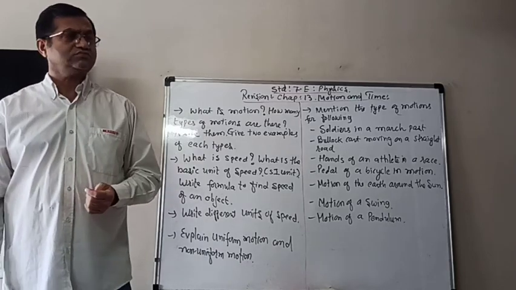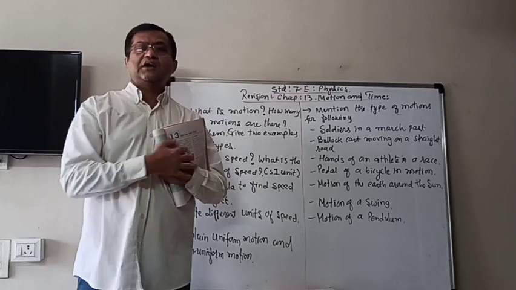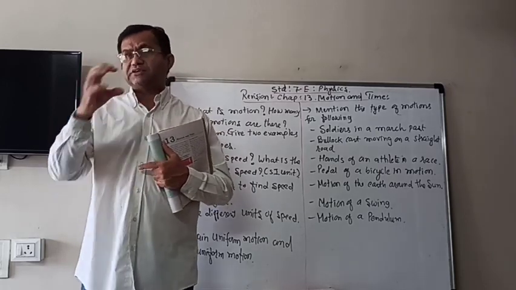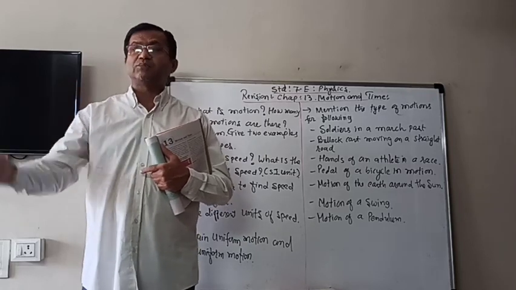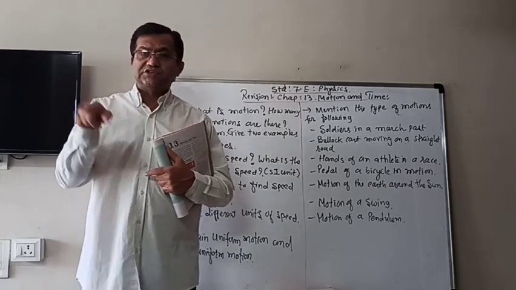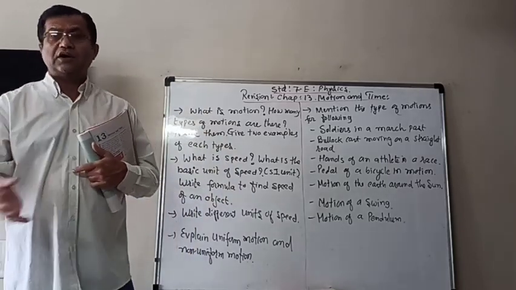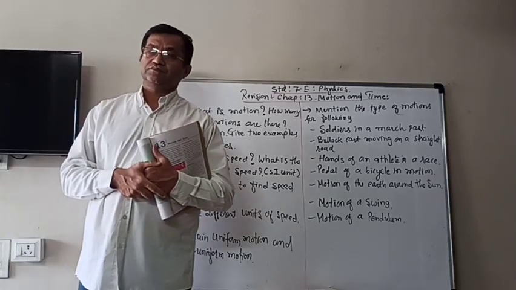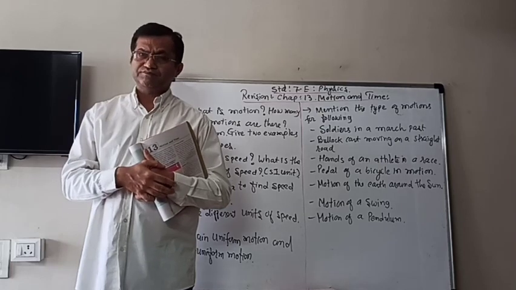Similarly, periodic motion, like we know that the earth moves around the sun in a particular time. So it is periodic motion. The hands of a clock, the minute hand or hour hand, etcetera, are moving in a particular time.